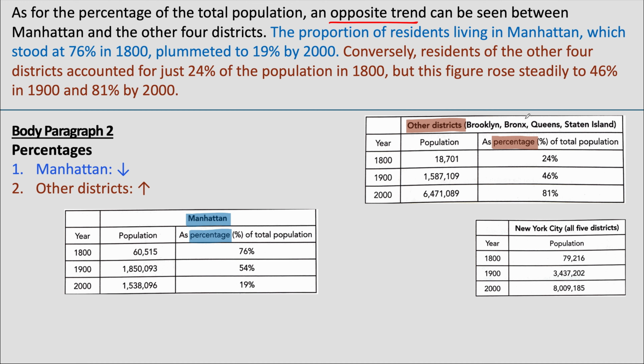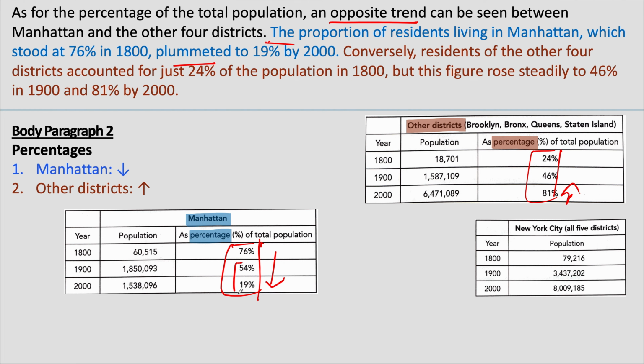This is where we are making the comparisons. In one table, the percentage is decreasing with time. In the other table, it is increasing with time. So that is the opposite trend. So after mentioning the comparison in the first sentence, we write about the percentage in Manhattan, how it changed over time. We have used the word plummeted.